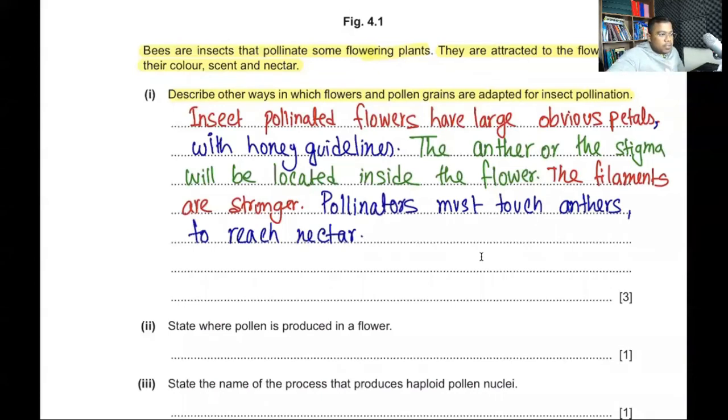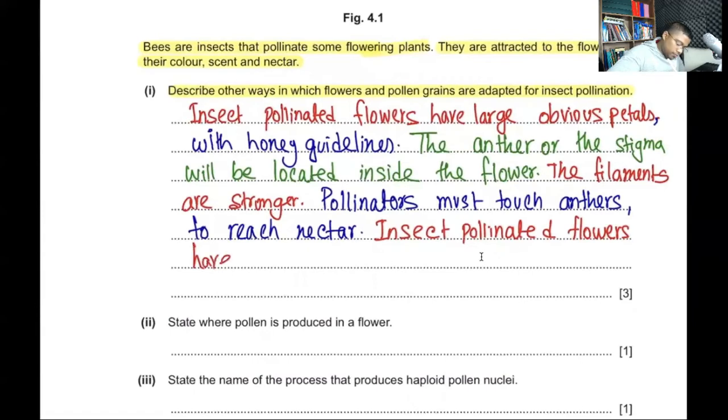Insect pollinator flowers have a sticky stigma to catch the pollen.